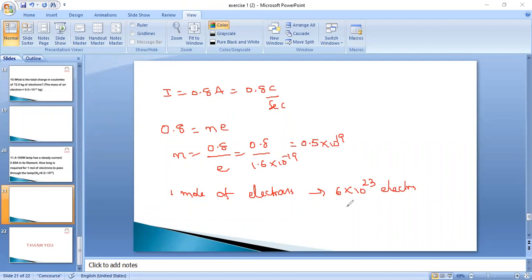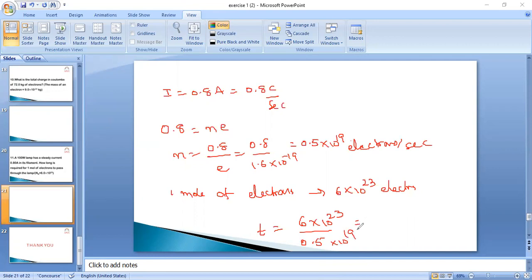In how many seconds are 6 into 10 power 23 electrons passing? To calculate time, 6 into 10 power 23 electrons have to pass, at that many number of electrons per second. So divide, you can write, divided by 0.5 into 10 power 19.